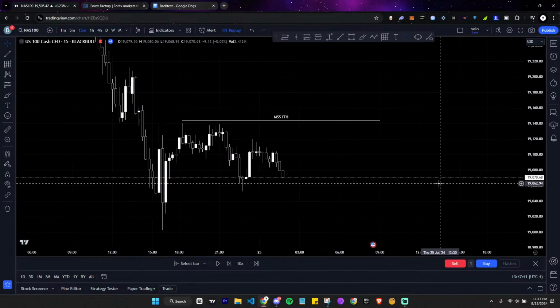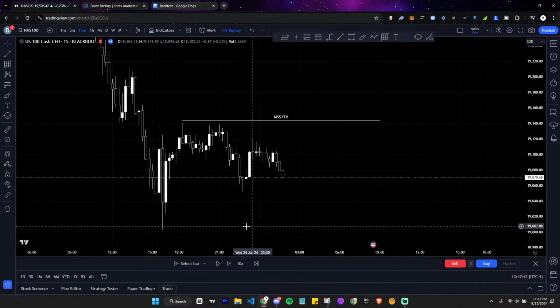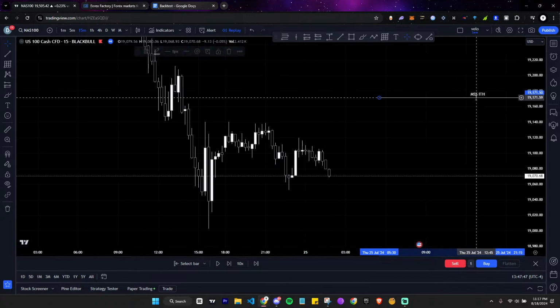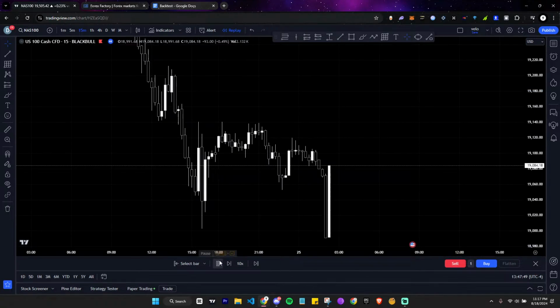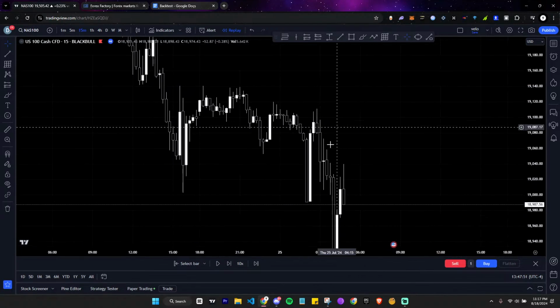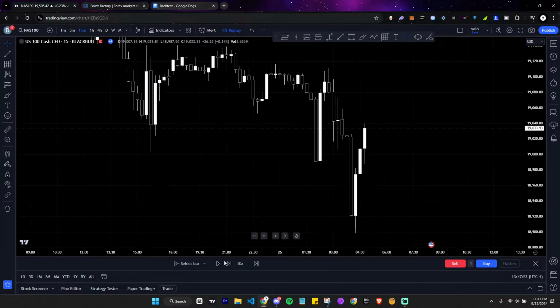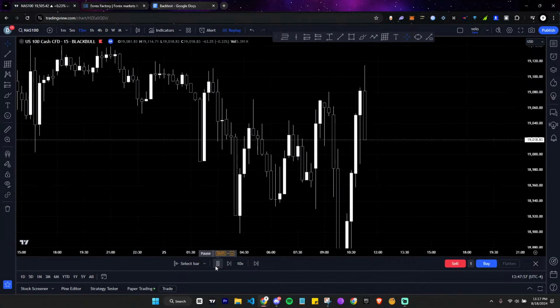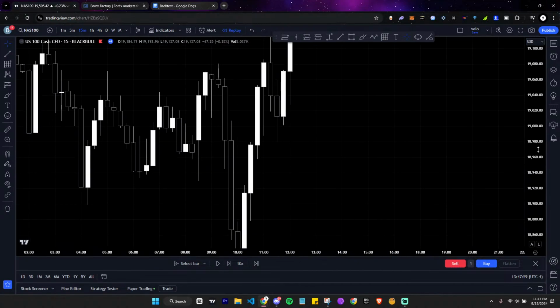Okay, so let's see if we can displace a little higher over here. So let me just get rid of this for now. Okay, it seems like we are displacing lower. It's okay. We're sweeping more liquidity, that's fine. But at some point, right, it's going to have a significant rise.